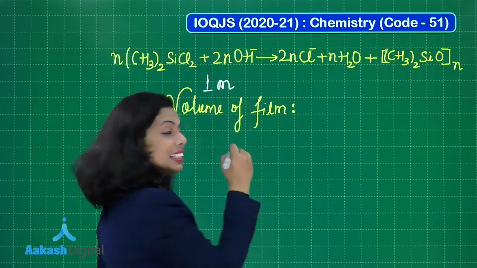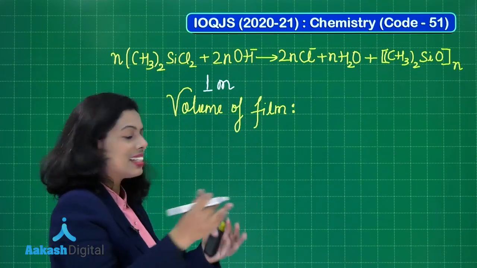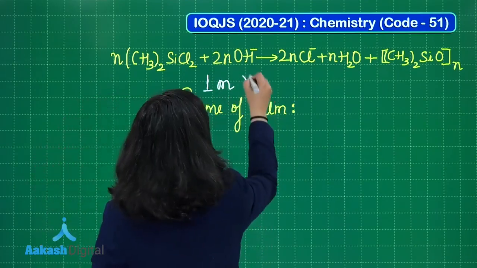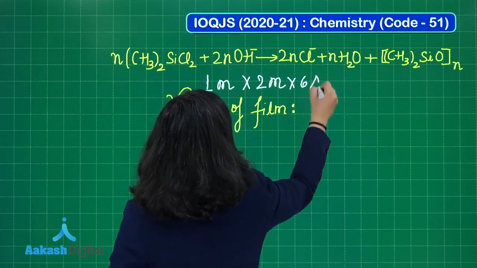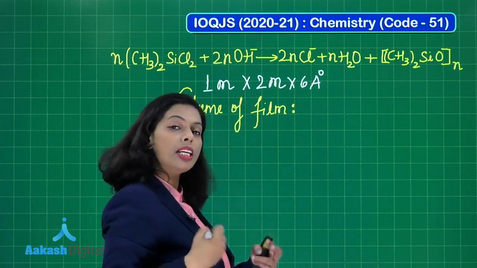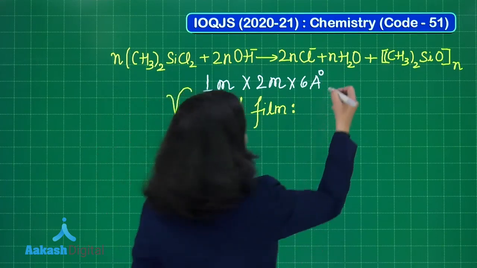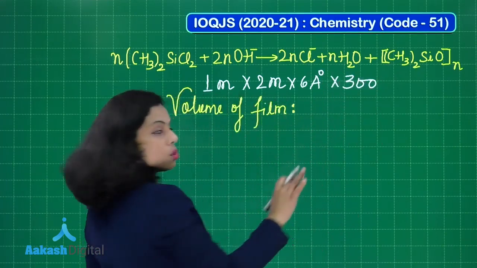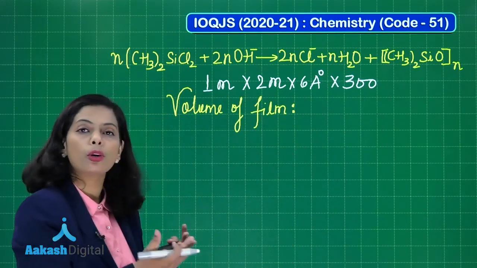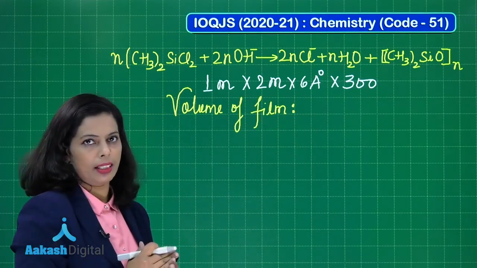Instead of writing length, breadth and thickness, I'm directly writing 1 meter into 2 meter and here is the thickness, 6 angstrom. Now, how many layers do we need to coat? 300 layers, so directly I'm multiplying by 300 here, right? So this is actually the volume occupied by the layers present there.